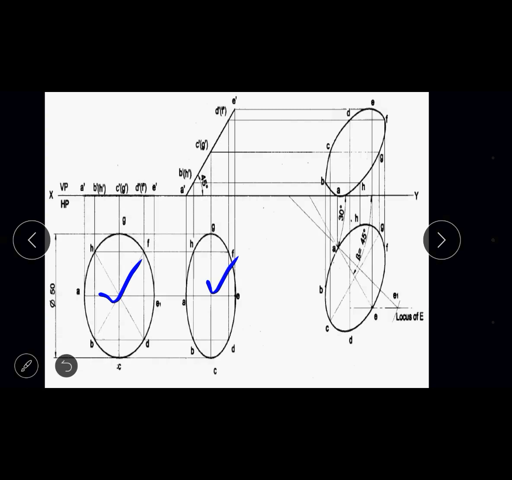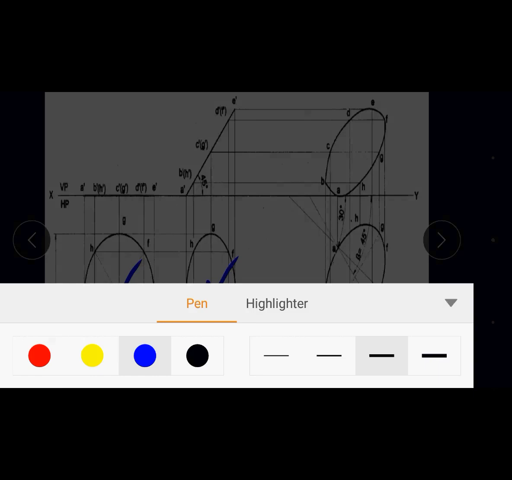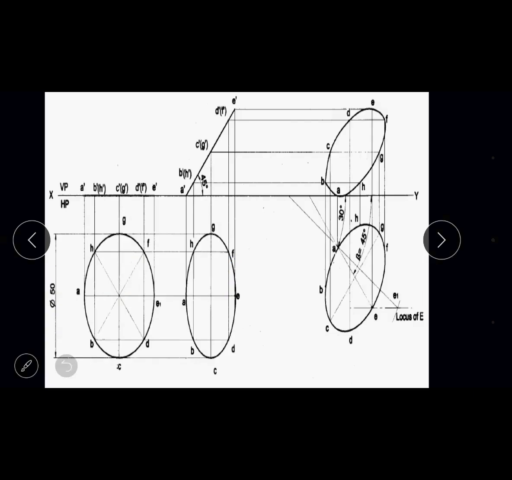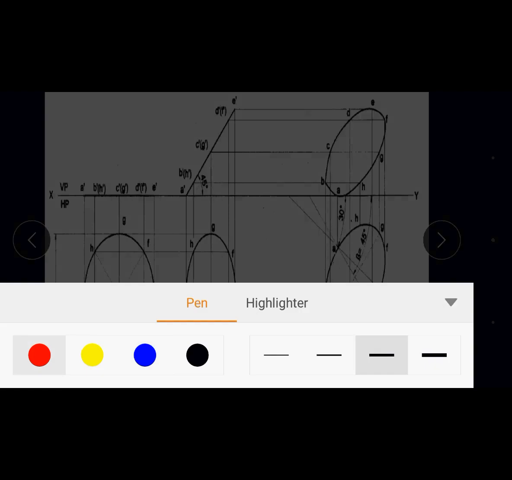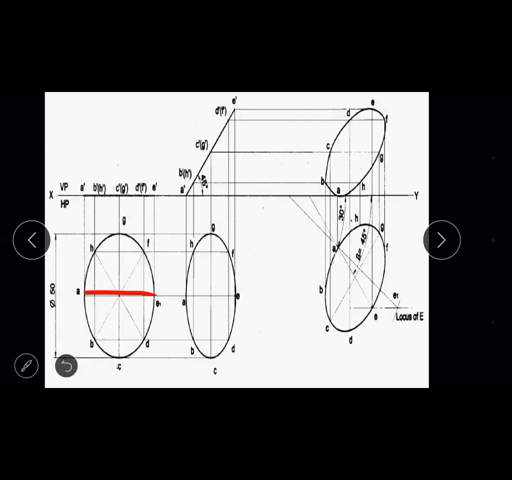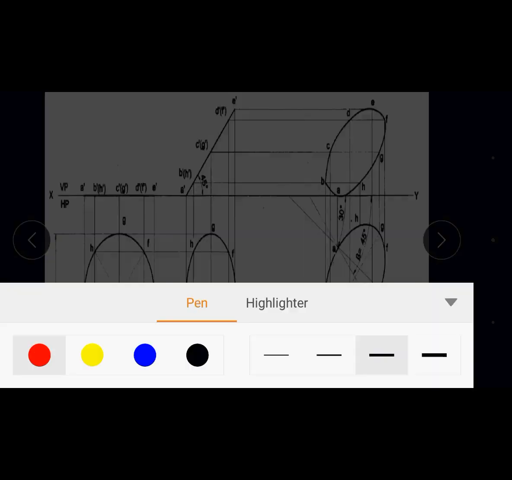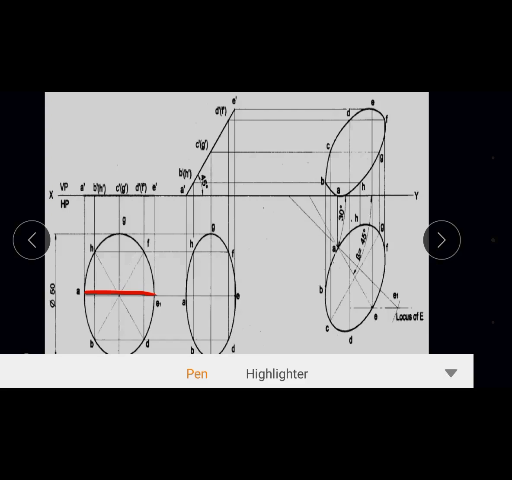So this is the first figure and this is the second figure of your solution book. In the first figure you can see the circle with 8 parts drawn, and your diameter line is line AE1 in your solution book, and then another line, line AE. Now let me use blue color.